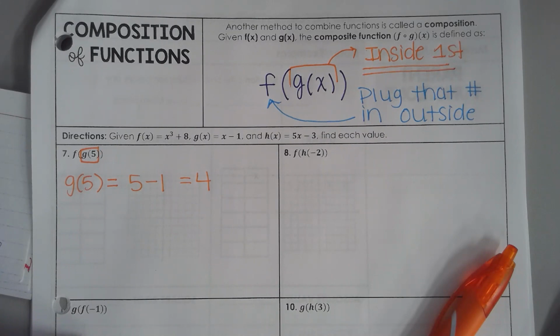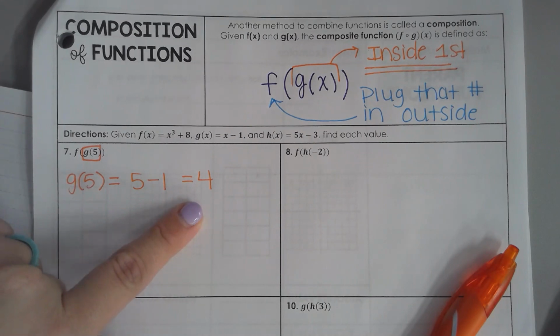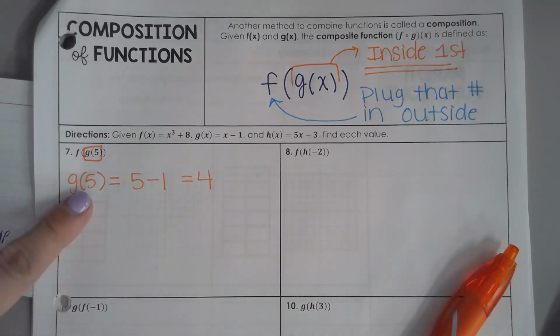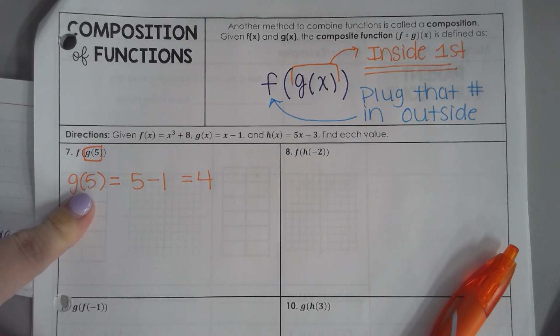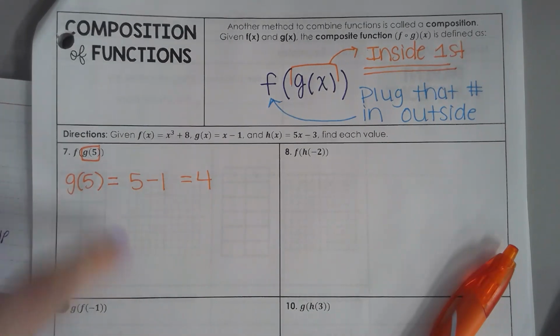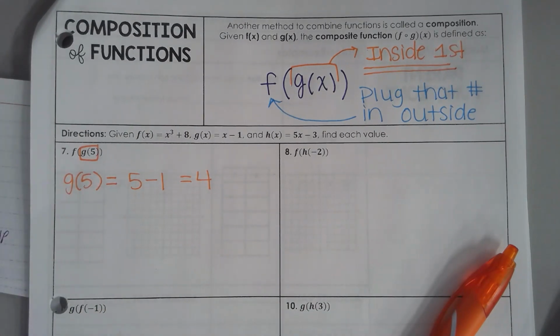Okay. Then, once I found that, I know that G of 5 equals 4. If two things are equal, is it okay for me to flip them and interchange them back and forth? If two things are equal, you can do that.